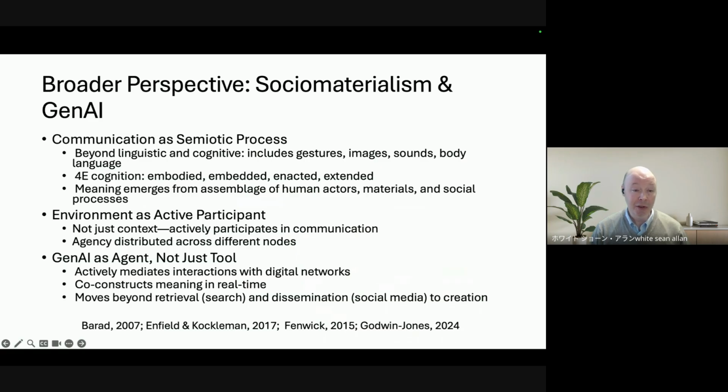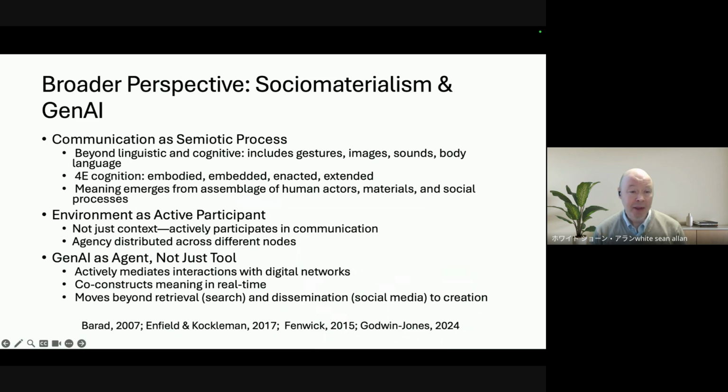So that meaning emerges from an assemblage or combination of human actors, materials, and social processes. And talk specifically about entanglement, right? And how these connect together to create meaning.